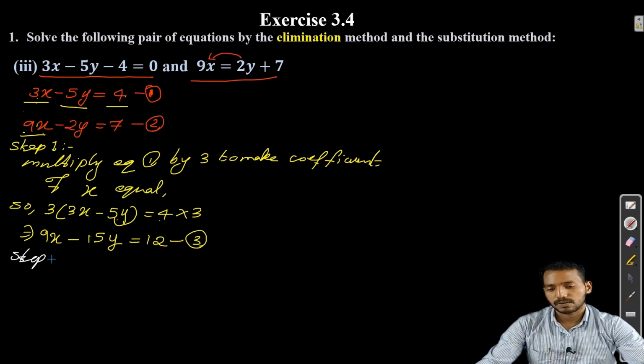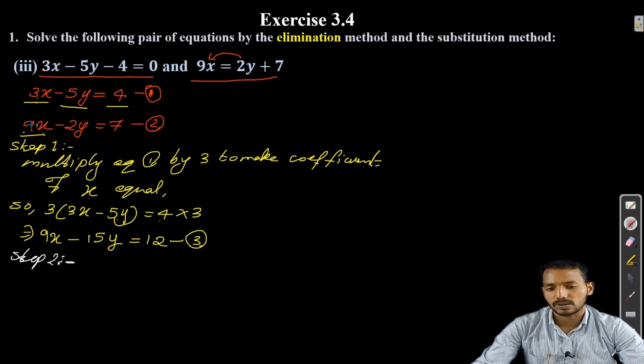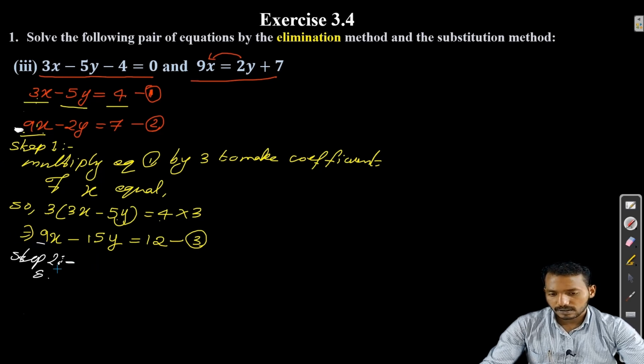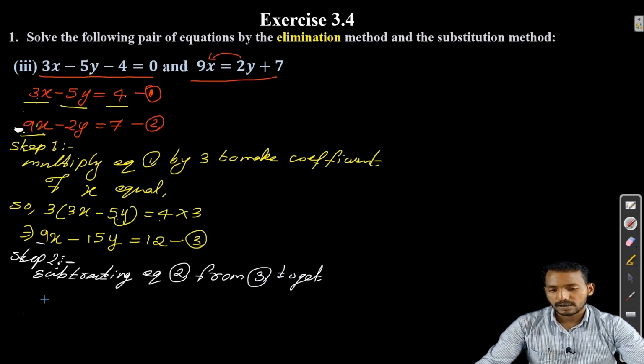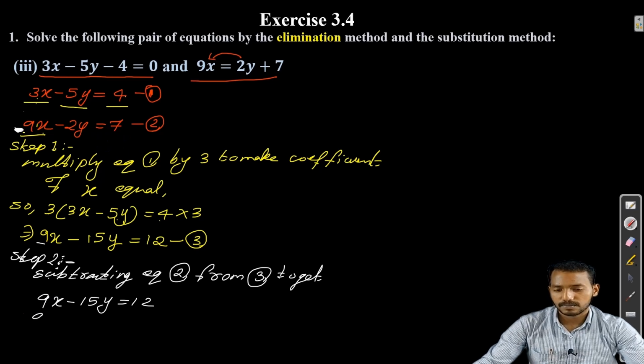In step 2, what we have to do? The coefficient of x is numerically as well as in sign equal. Am I right? Here plus 9 and here also plus 9. Clear? So subtracting equation 2 from 3, what will we get? 9x minus 15y is equal to 12, and equation 2 is 9x minus 2y is equal to 7.